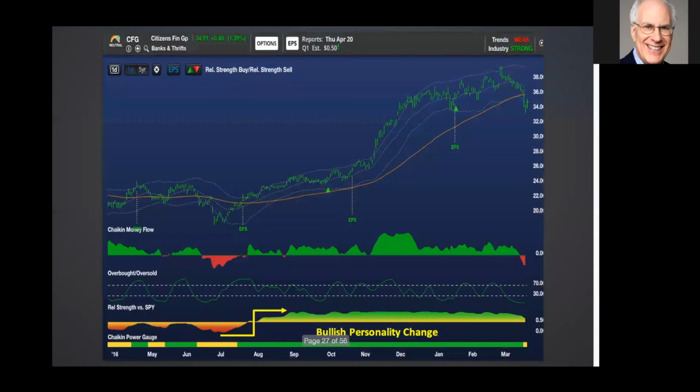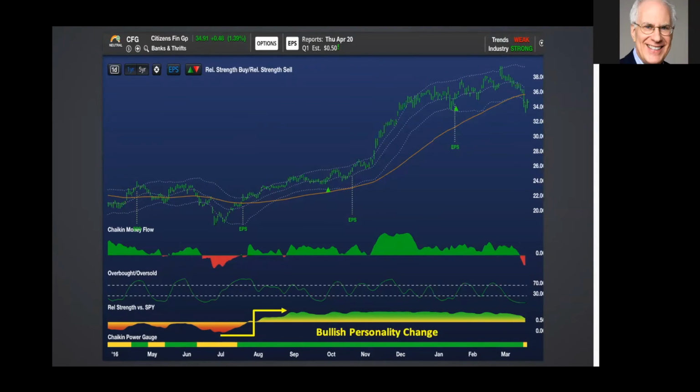So here's an example of the dynamic duo. Citizens Financial, in the very strong financial group, which has taken a big hit of a big wave of profit taking in the last three, three and a half weeks, after the Fed raised interest rates a week ago, they sort of indicated that they'd go slow. There'd be more interest rate increases, which are bullish for the banks.